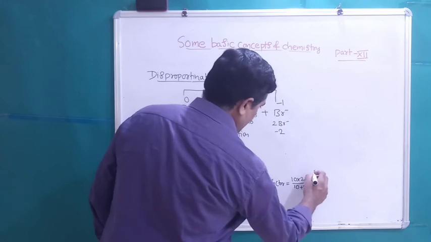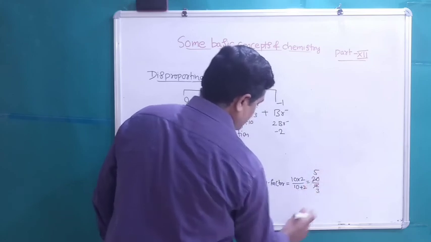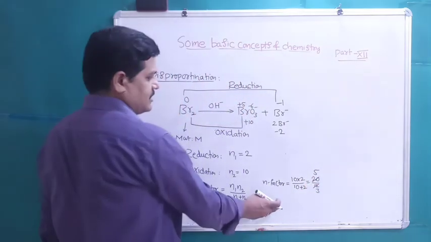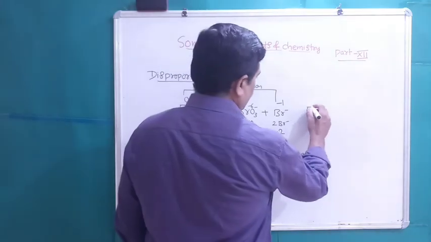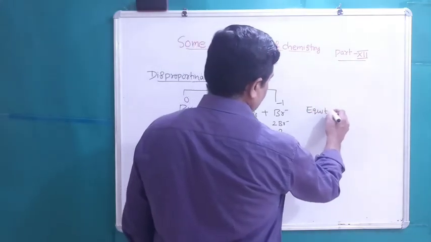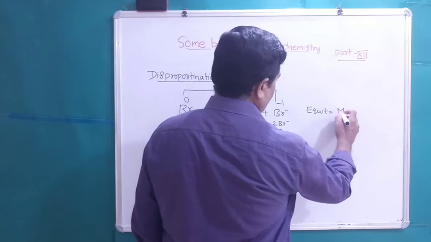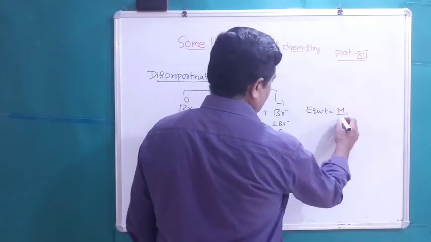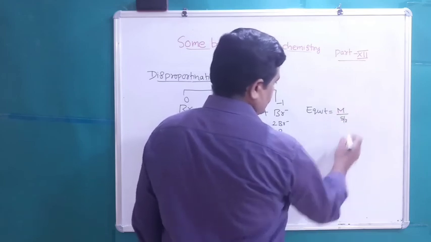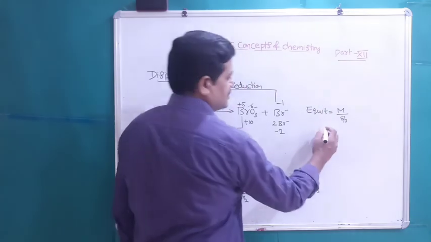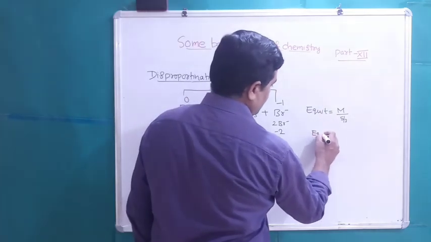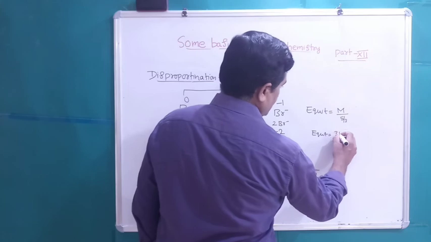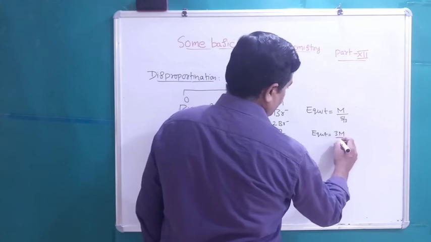N factor is 5 by 3 we are getting. So equivalent weight of Br2 is equal to, if the molecular weight is m, divided by n factor 5 by 3. So bottom fraction will be reversed. Then we will get equivalent weight is equal to 3m by 5, right?